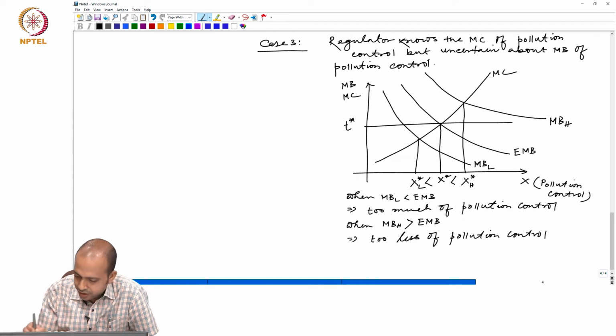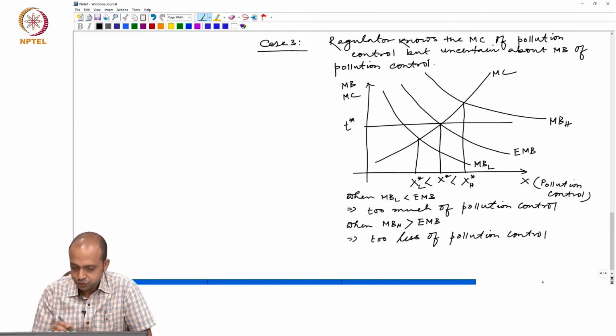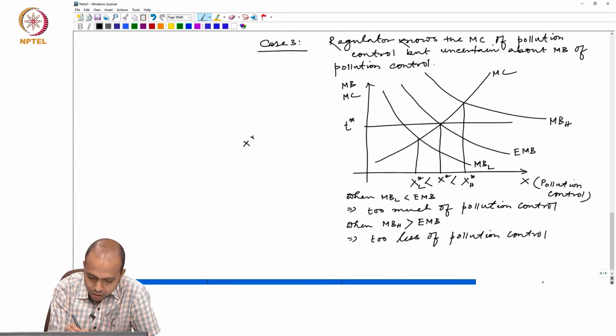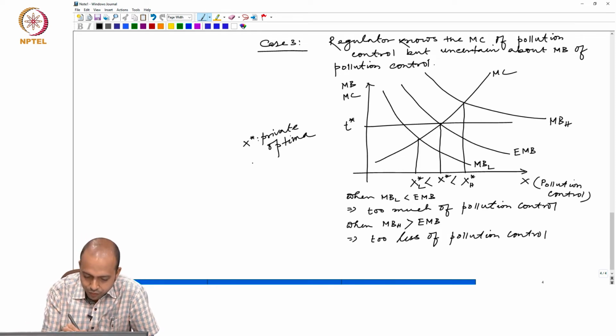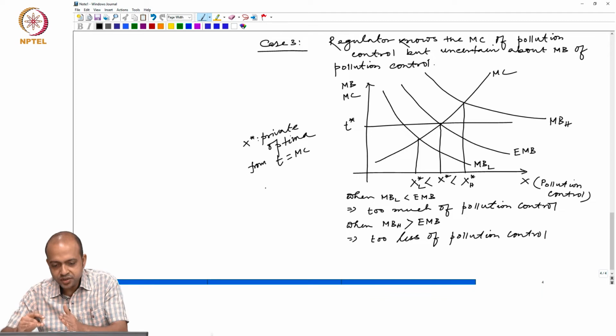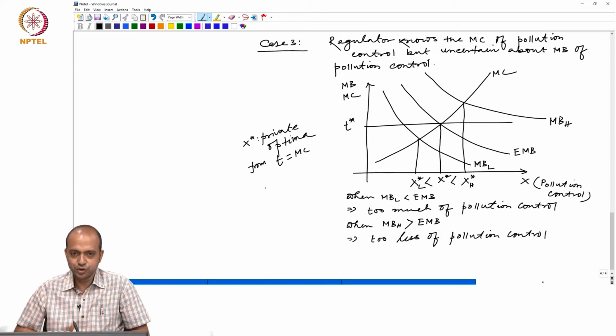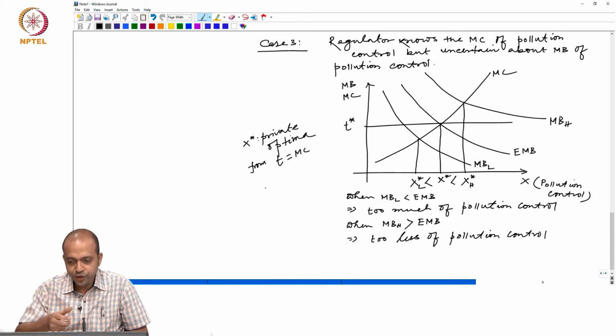So, here X star indicates the private optima. How it is decided? From T equals to MC. Right. So, that means this is just the opposite of what we did earlier when MC is downward sloping, right. You can compare these cases.